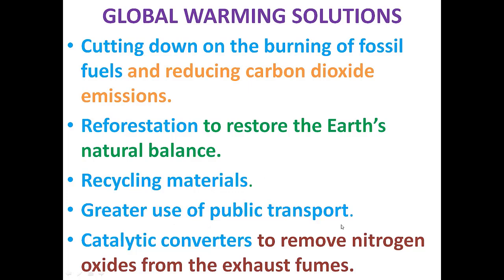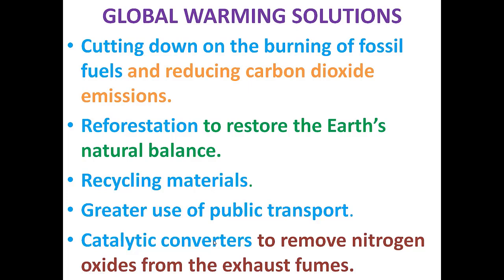If we reduce the number of private vehicles and people use public transport, then more exhaust fumes can be reduced, more air pollution could be reduced, thereby reducing the nitrogen oxide levels in the atmosphere. And catalytic converters can be used to remove the nitrogen oxide from the exhaust fumes.